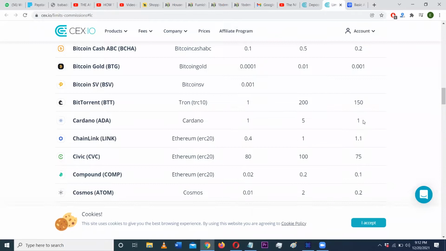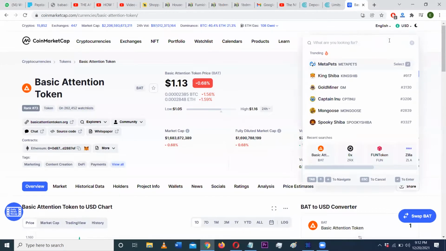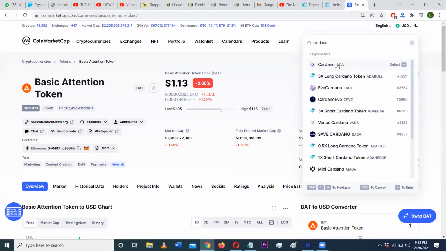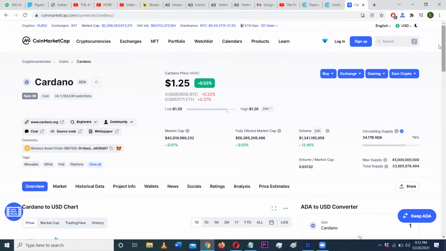So the transaction fee for Cardano is actually very, very low, because the price of Cardano is less than $1. Okay, it's a little over $1. So every time you withdraw Cardano, the transaction fee is like $1.25, which is relatively very cheap.